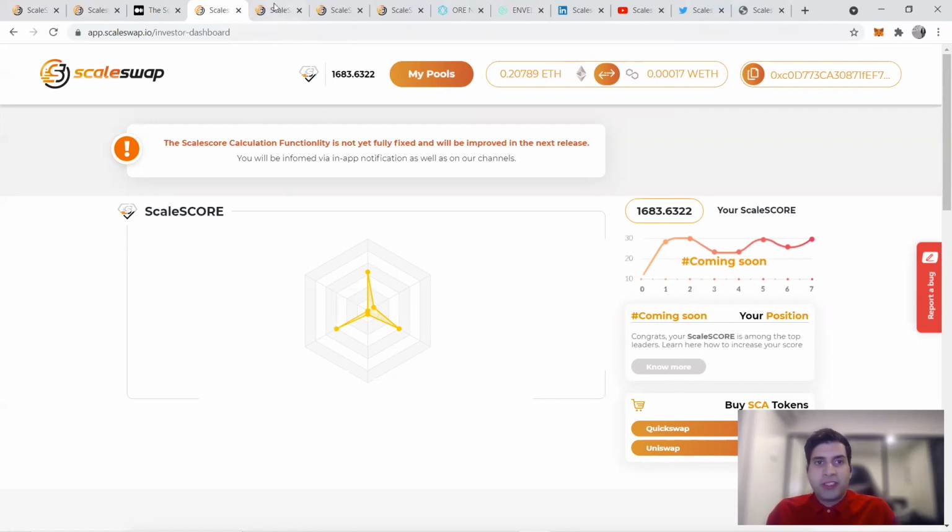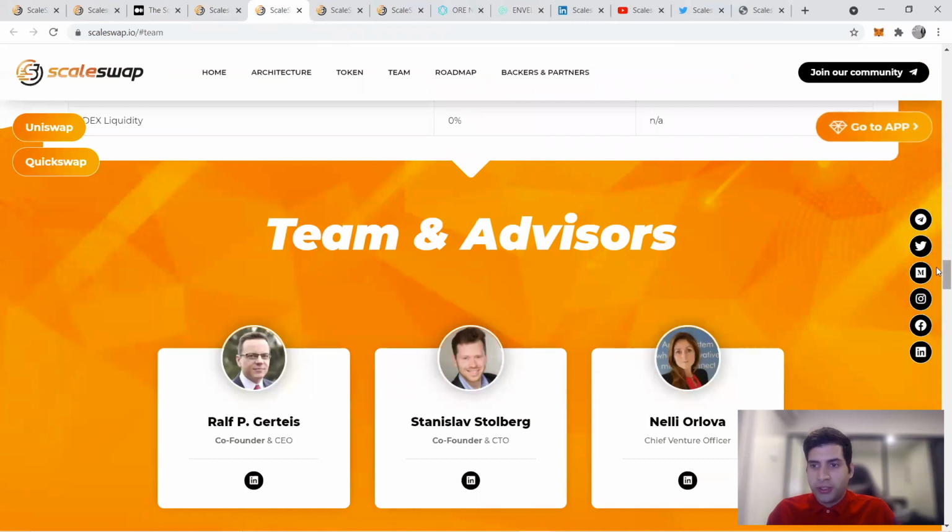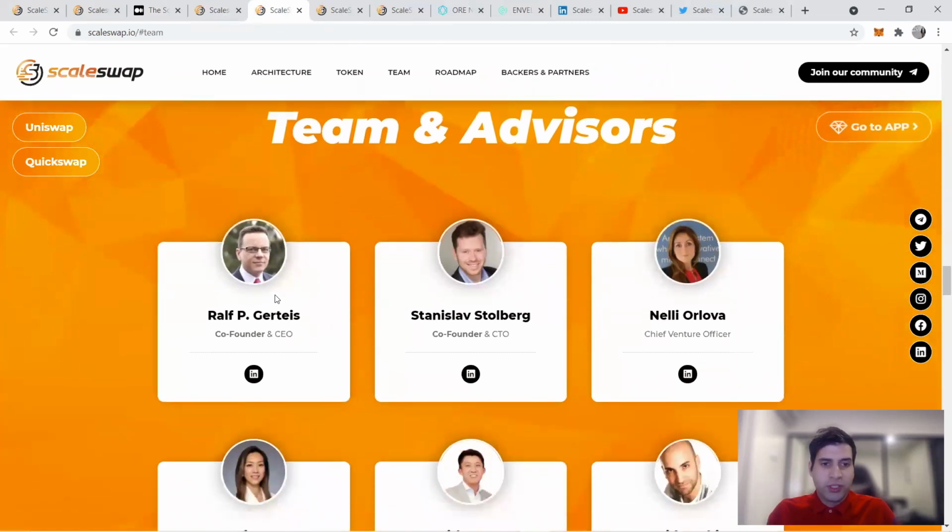Another advantage is they have a very strong team behind this group. So they've got Ralph, who's very well known in the blockchain industry. They've got Stan as a chief technology officer, who has a background in tech and security and worked in the banking industry before working in blockchain. And Nelly, she's very well known in the venture capital world.